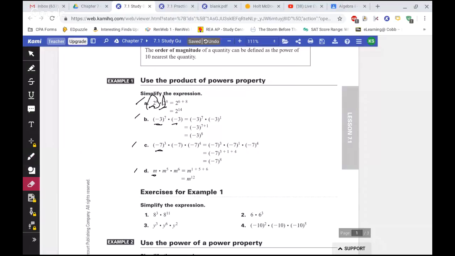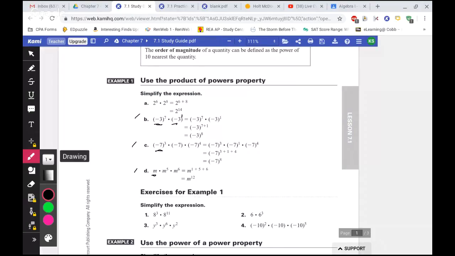You confirm the bases are the same, then take the 6 and the 8 and add them together. That's your final answer. With -3 raised to the 7 power times -3, if there is no exponent, that is actually a 1, and you need to remember that. So the final answer is -3 raised to the 8 power, because you're adding 7 and 1.